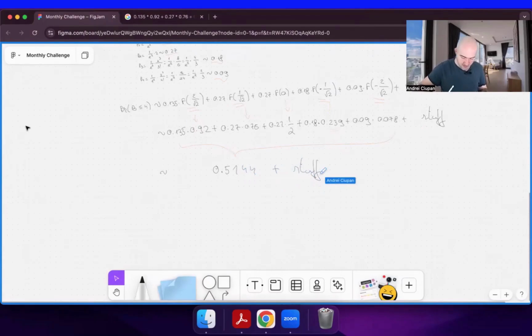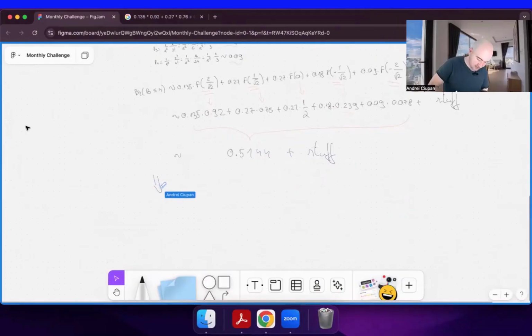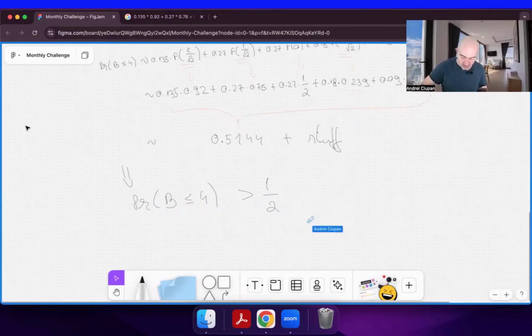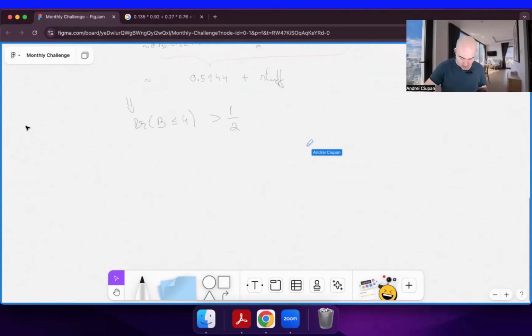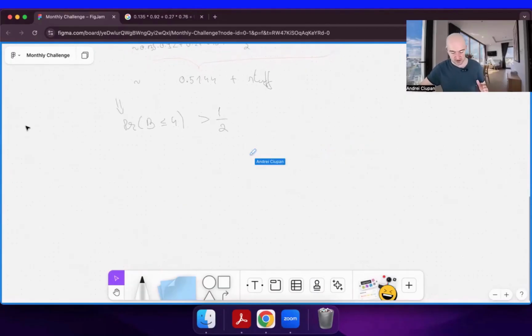So clearly, our probability that B is less than or equal to 4 is bigger than 1/2, okay? This is fantastic. We proved that the probability of B being less than or equal to 4 is bigger than 1/2.